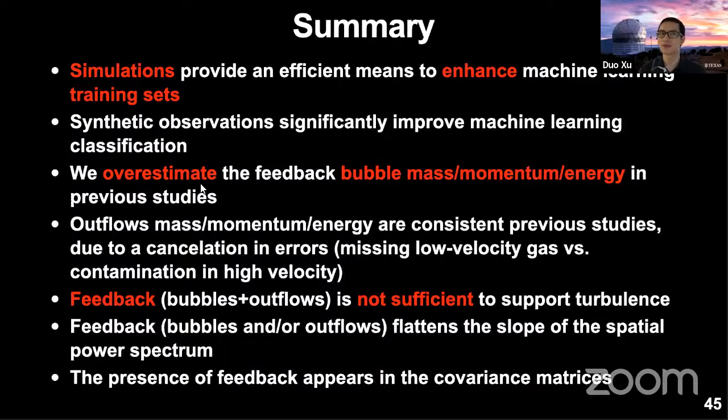That means feedback is not sufficient to support turbulence or offset the dissipation of turbulence. Both quantities, the power spectra and the covariance matrix, indicate the presence of feedback, and feedback injecting energy or mass at smaller scales, from our study in low-mass star-forming regions.